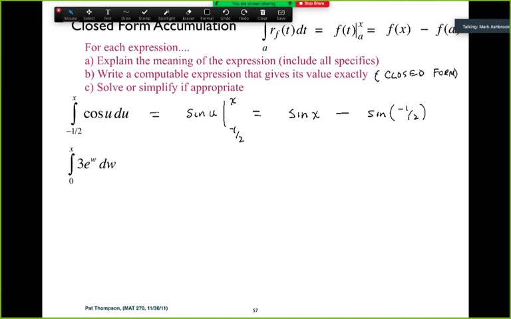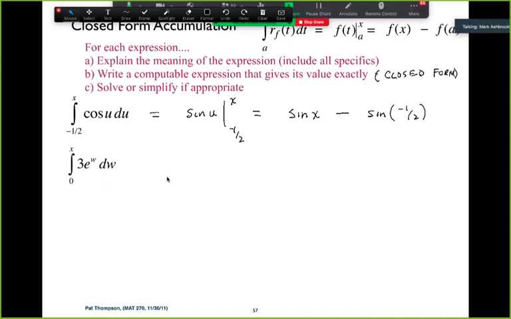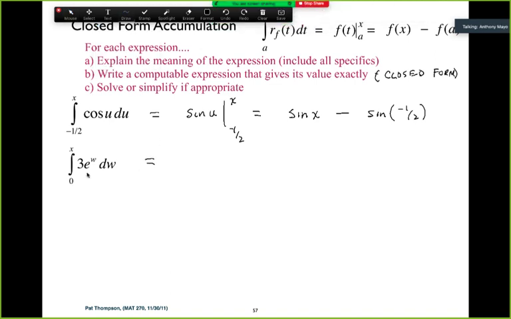Next one. So what is this? This is the net accumulation of a function whose rate of change is 3e to the x, starting from 0, accumulating to x. First thing we ask is, this is our rate of change. The function we need has a rate of change of 3e to the w. What function's rate of change is 3e to the w?